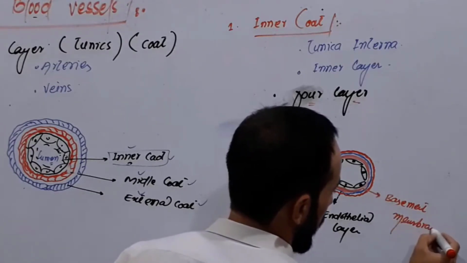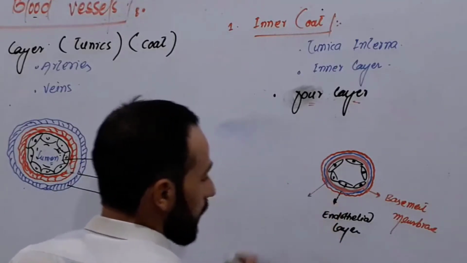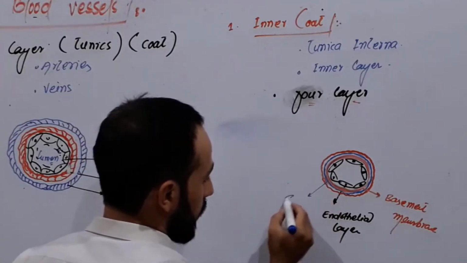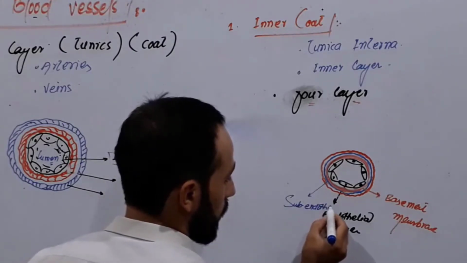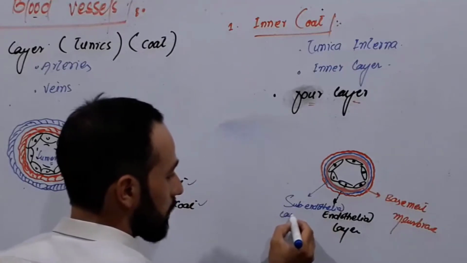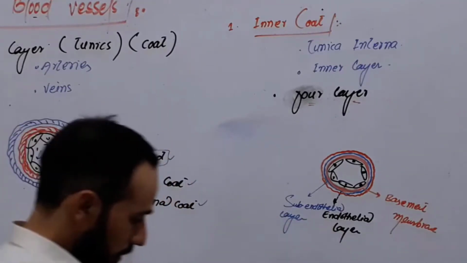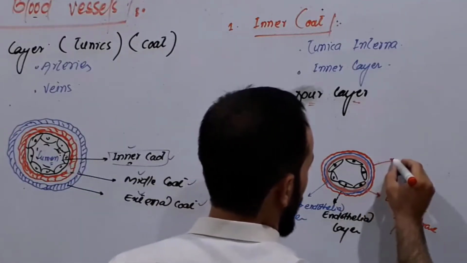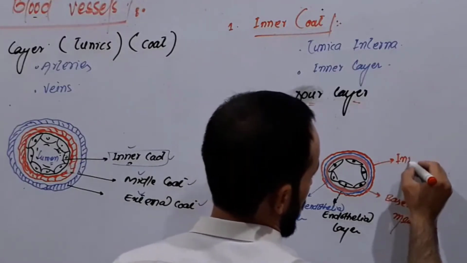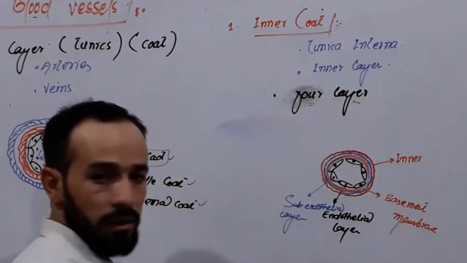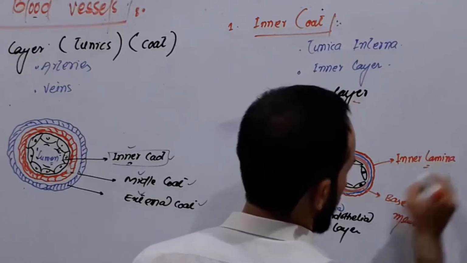Above the basement membrane there is this bluish layer, called the subendothelial layer. And above this subendothelial layer there is the internal elastic lamina.